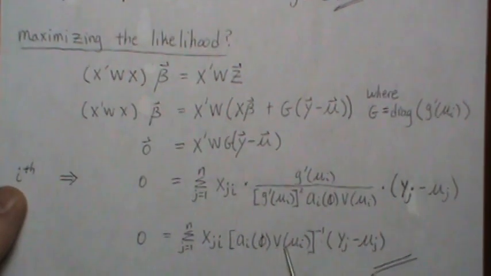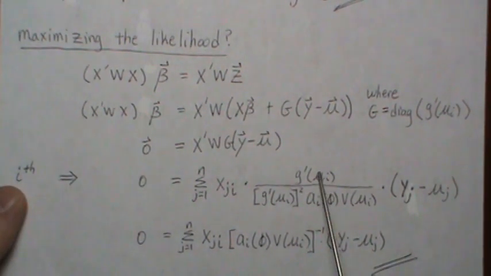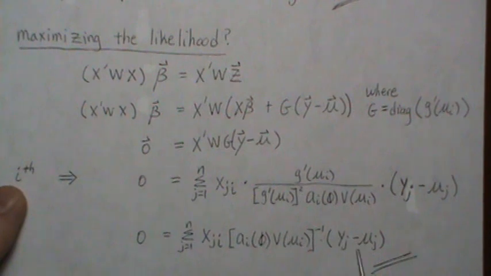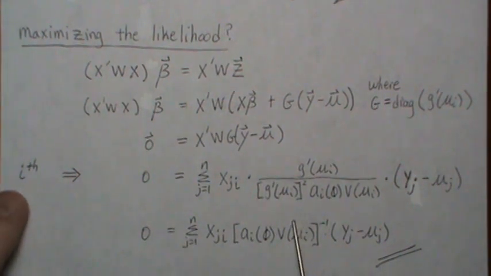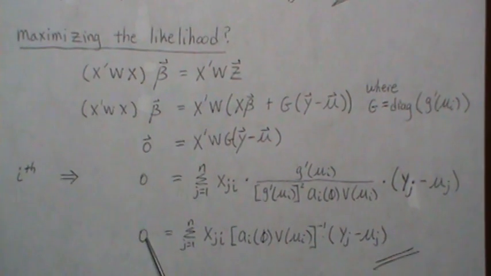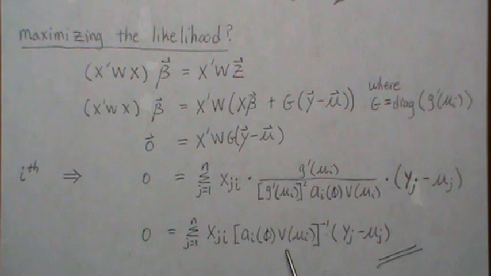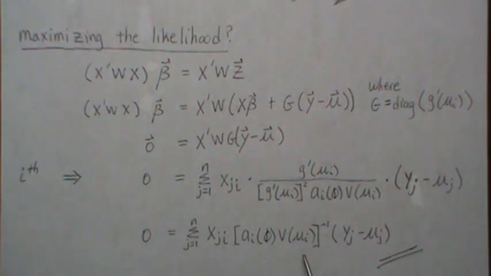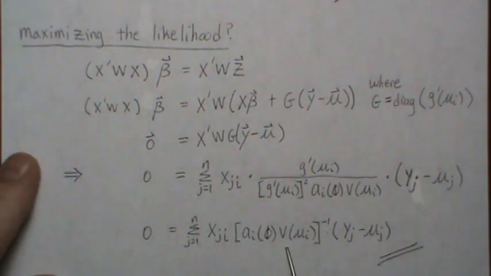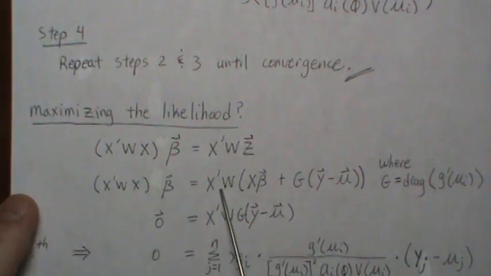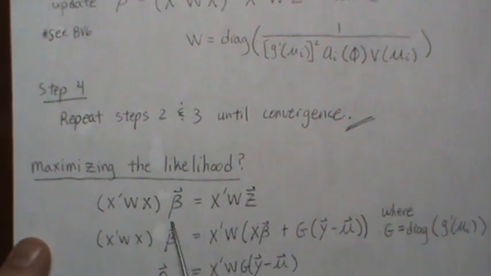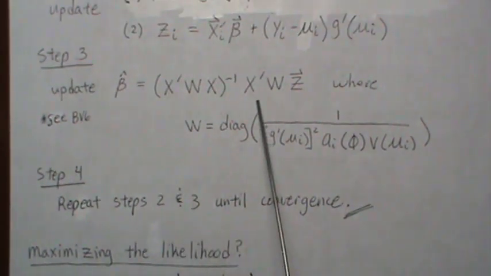These two pieces we just write as an inverse, right? This and this are gone, and that comes down. Well, this is the equation that we want to solve. So we set this to 0, right? And we solve it. And that's maximizing the log likelihood. So here we're maximizing this, which is equivalent to this, which is equivalent to this, which is equivalent to this, and the solution of this is weighted least squares regression.